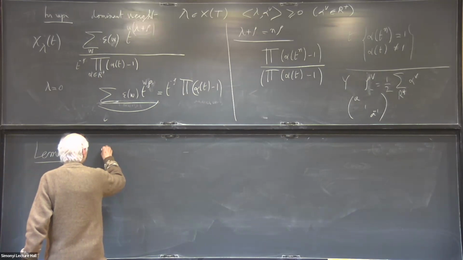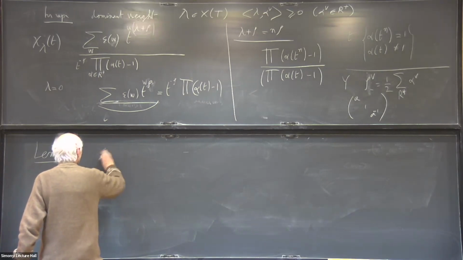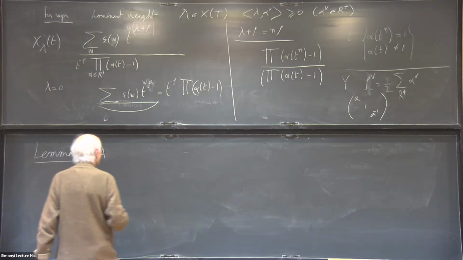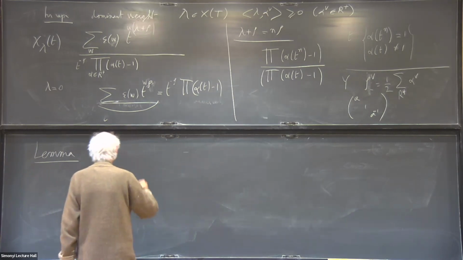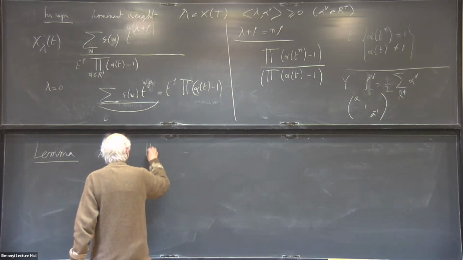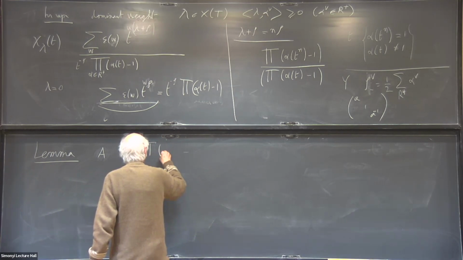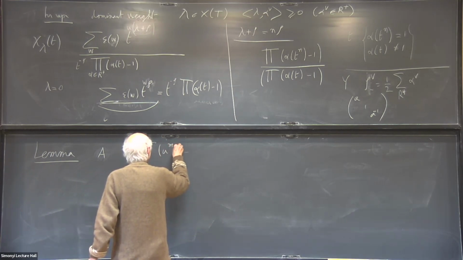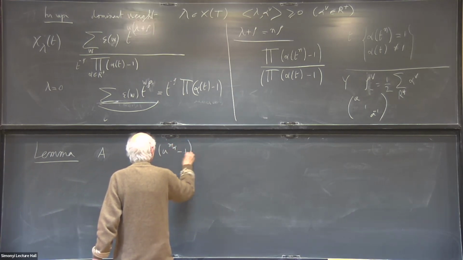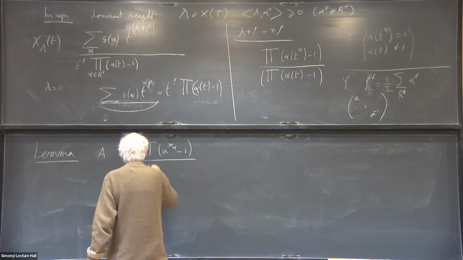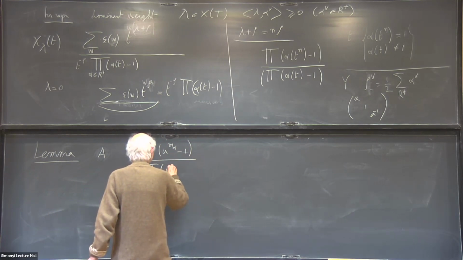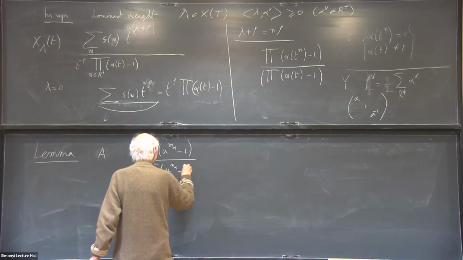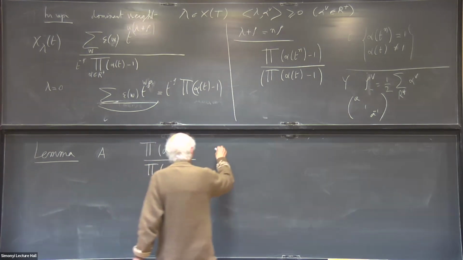Consider some index set, call it A rather. There are the positive coroots, and consider the product of u^{m_alpha} minus 1 divided by u^{n_alpha} minus 1.